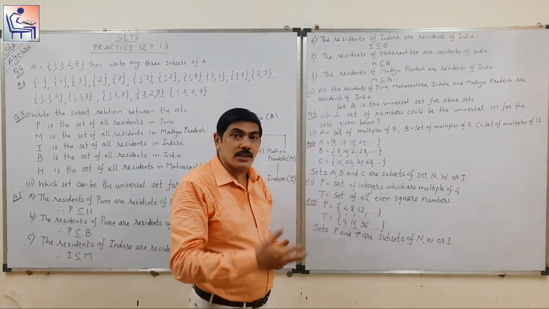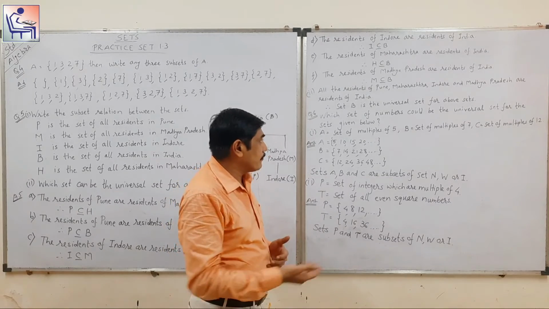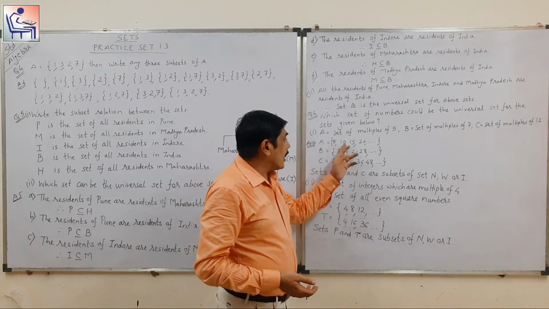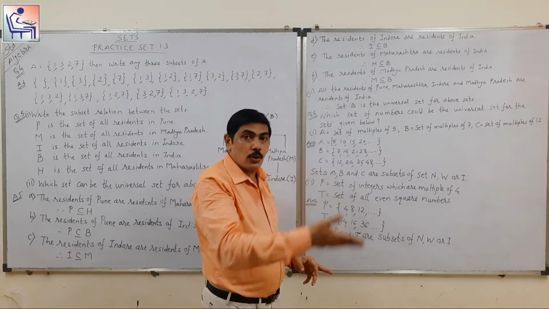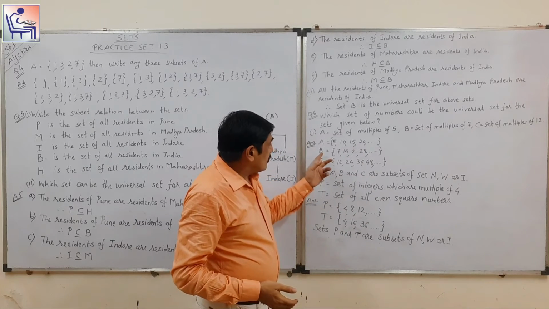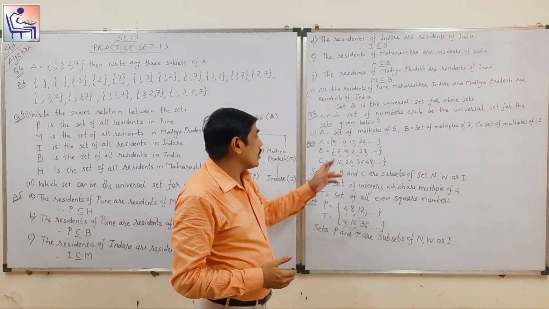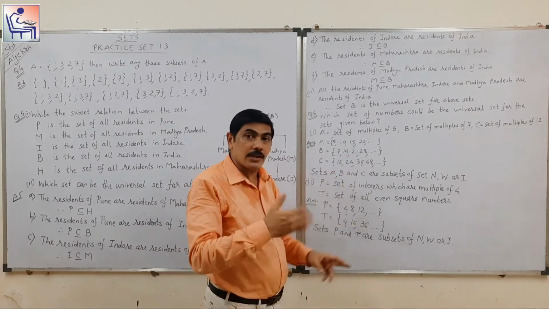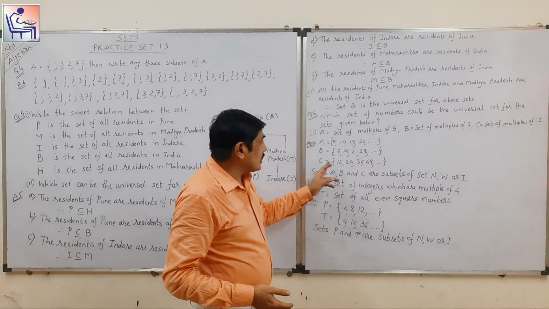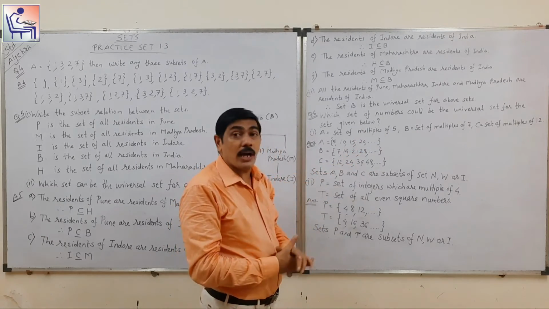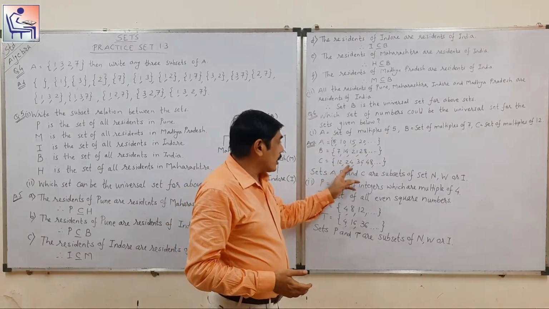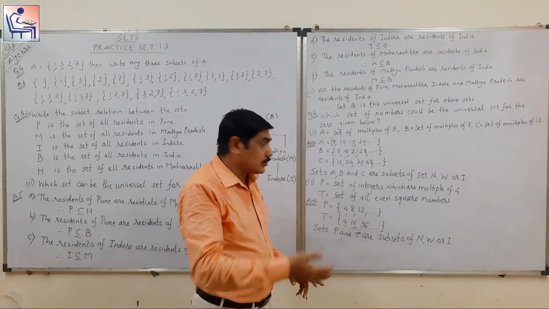We have to say the table of 5. So here 5, 10, 15, 20 and so on. Then B, set of multiples of 7. So here 7, 14, 21, 28 and so on. Then C is a set of multiples of 12. So here 12, 24, 36, 48 and so on.